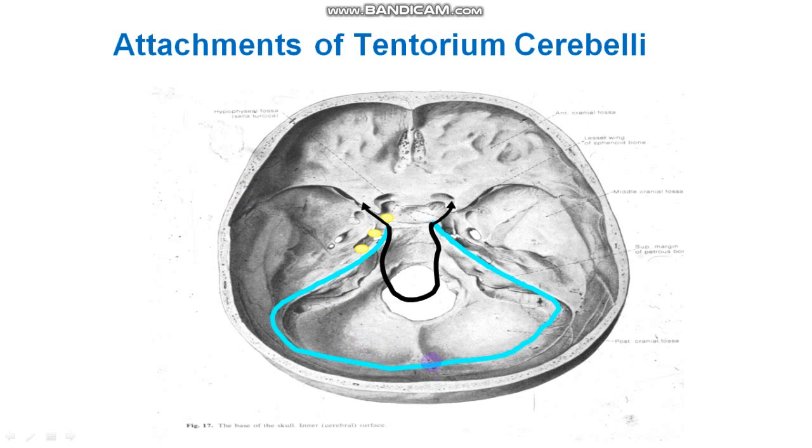Here we see this is a tent-shaped tentorium cerebelli. It has two borders. This one is an attached border and this U shape is a free border. The attached border on the posterior aspect attaches with the transverse sulcus, then over the superior petrosal sulcus, and attaches here with the posterior clinoid process, where this one is a free U shape.